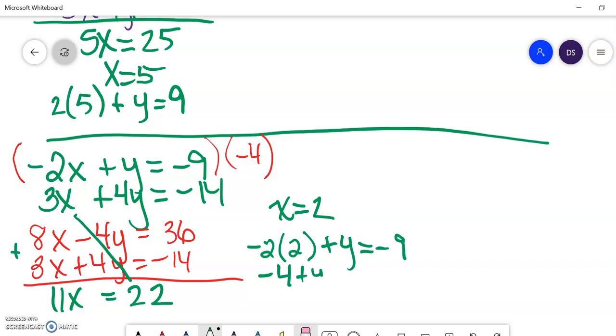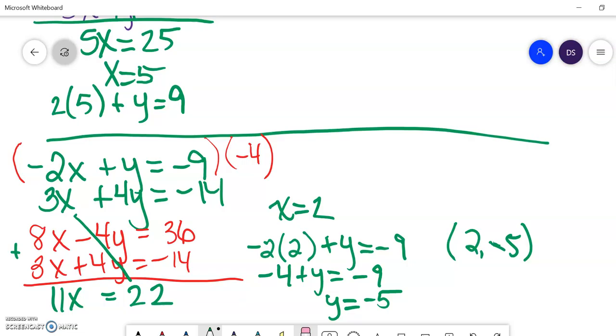that's negative 4 plus y equals negative 9. Y is negative 5. So we get the ordered pair 2 comma negative 5.